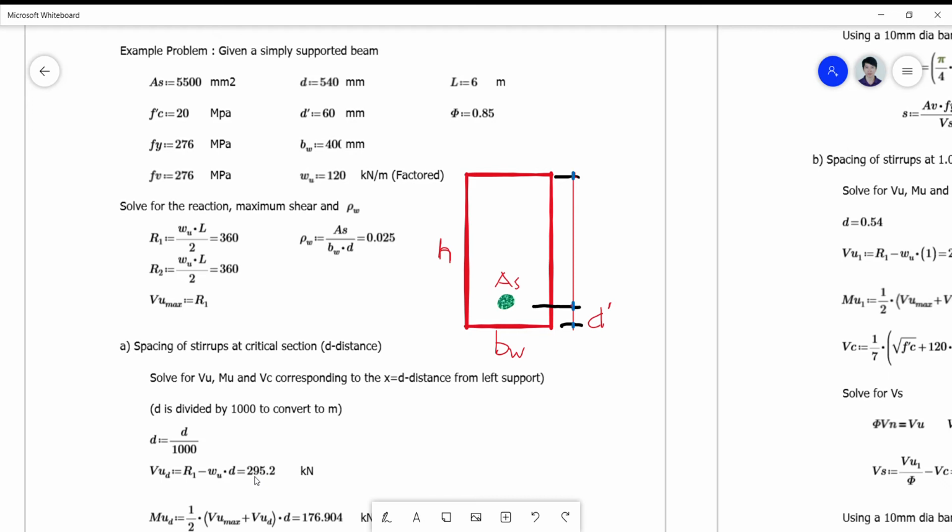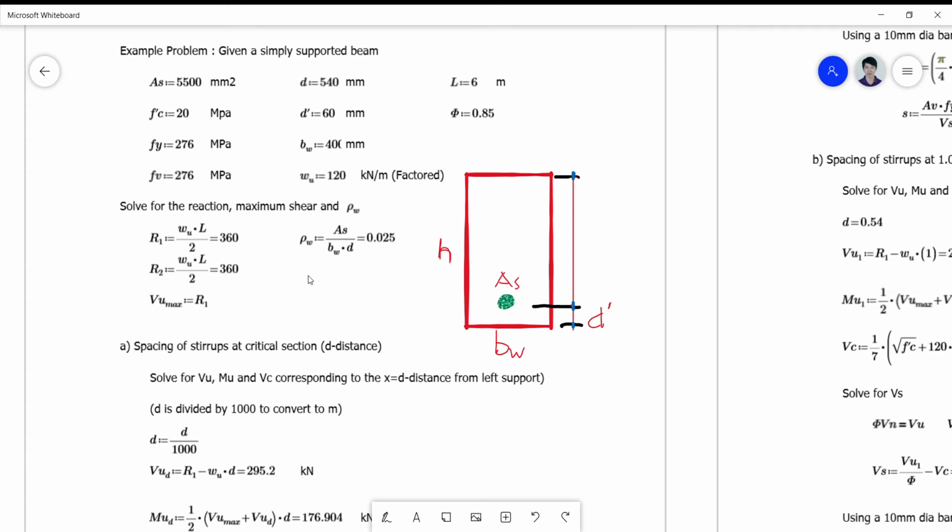So for the given values of the beam material properties and dimension, we have enumerated the steel area, the material properties for F prime C, Fy, and Fe, the dimensional variables D, D prime, BW, the load WU, which is already the factored uniform load in kilonewton per meter, the length of the beam, which is simply supported, and the reduction factor for shear, which is 0.85.